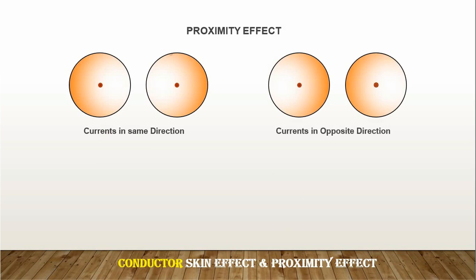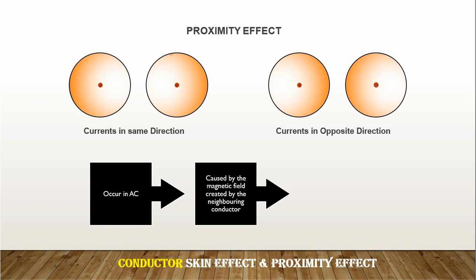If the direction is the same, then the current will flow to the opposite side of the presence of the other conductor, or there will be an attraction of the current flow in the case of the currents passing in opposite directions. Also, this occurs in AC, caused by the magnetic field created by the neighboring conductor, resulting in an increased effective resistance.